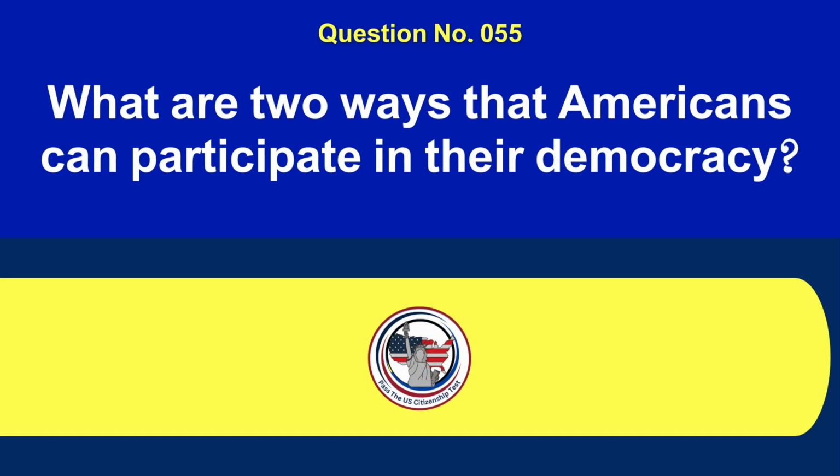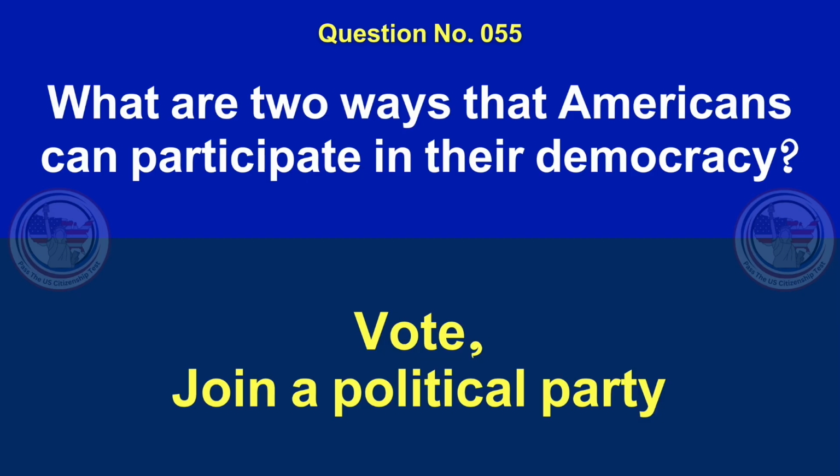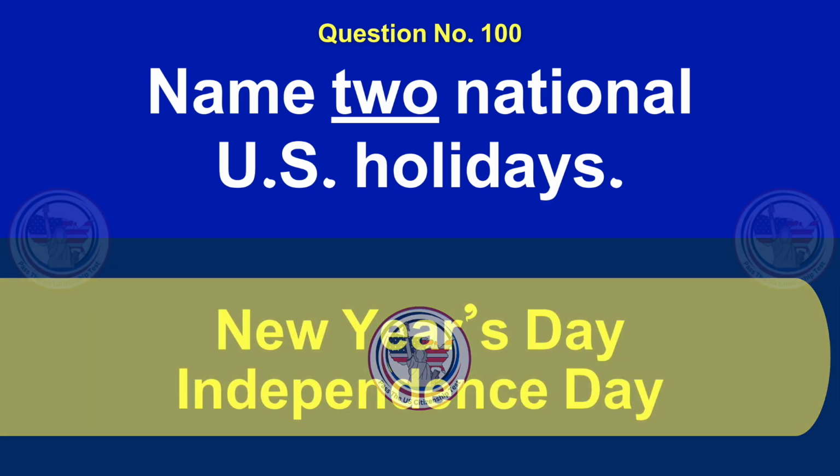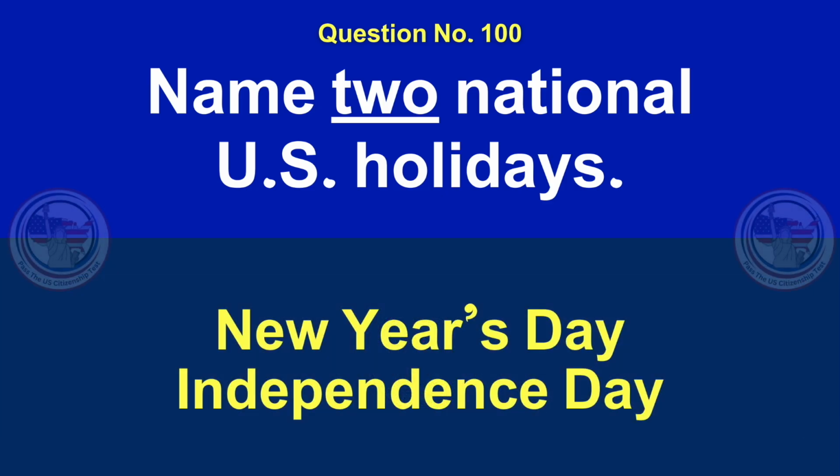What are two ways that Americans can participate in their democracy? Vote. Join a political party. Name two national U.S. holidays. New Year's Day. Independence Day.